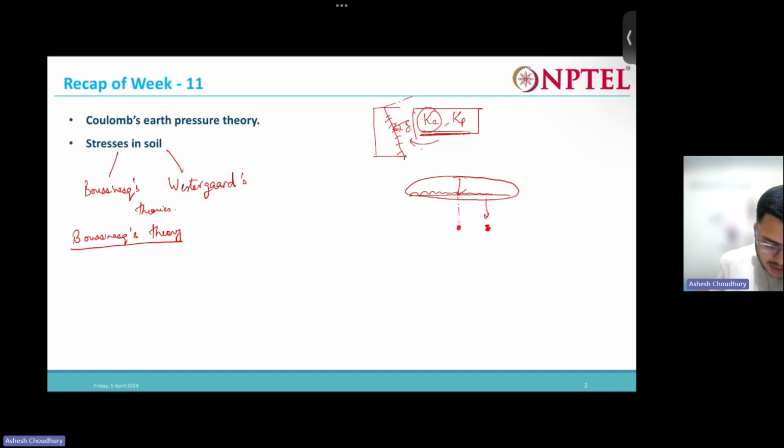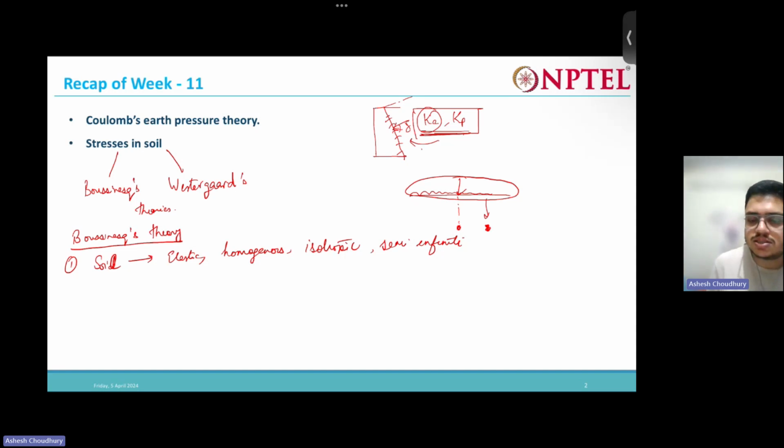For Boussinesq's theory, the assumptions are that the soil is elastic, homogeneous, isotropic.